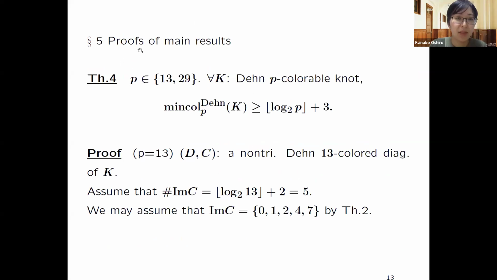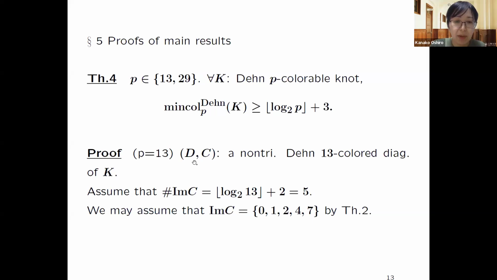So next, let's see the proofs of the main result. First, let's see this theorem 4. When p is equal to 13 or 29, for any DMP coloring of a knot K, the minimum number of DMP colors of K is greater than or equal to the floor of log base 2 of p, plus 3. I'll show this theorem when p is equal to 13.